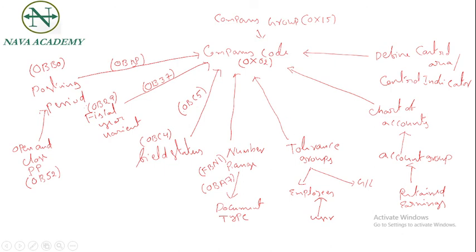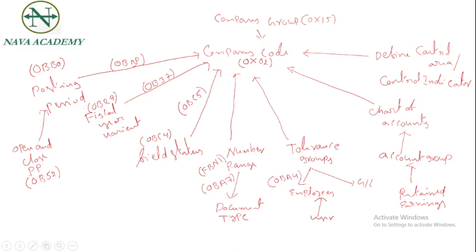After that, tolerance group. This is automatically linked, so you need not write any T code here. Next, tolerance group for employees, T code OBA4.